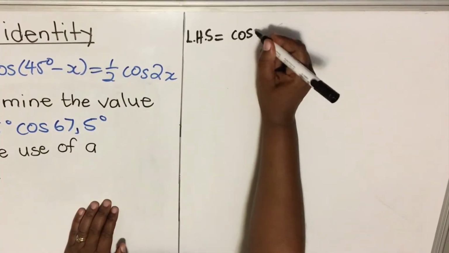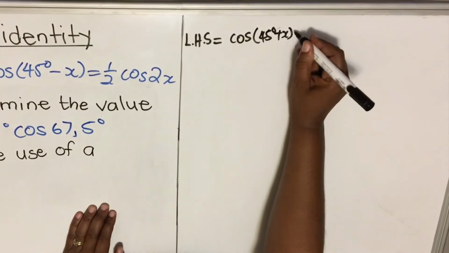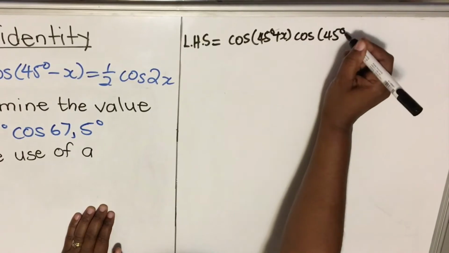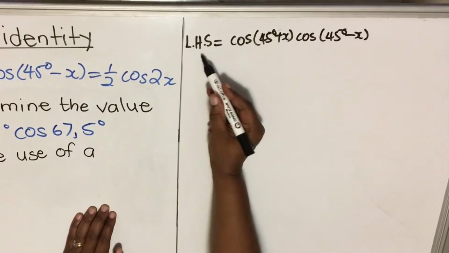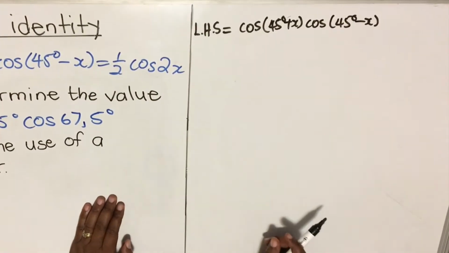In this question, it is compound angles: cos(45 + x) cos(45 − x). It's important to write the left hand side so that when you're solving it, you don't take things to the other side.